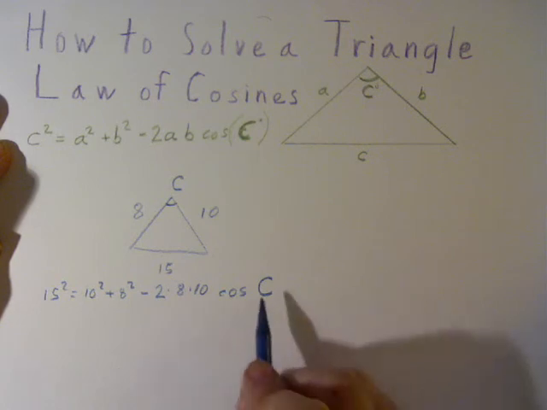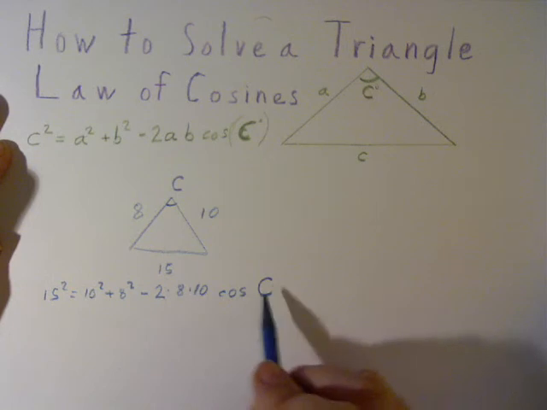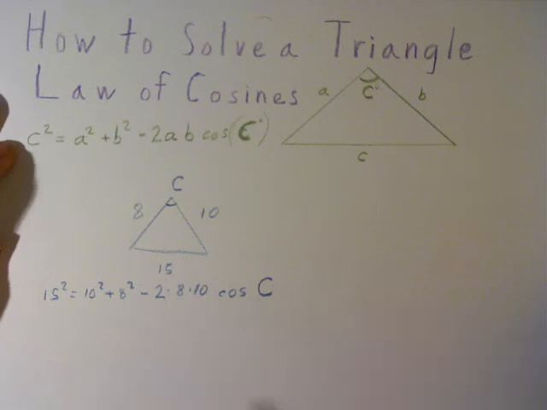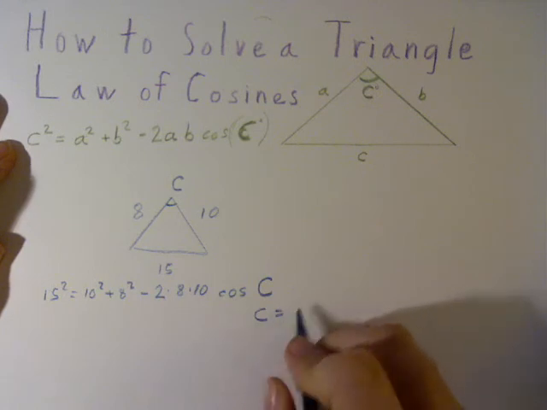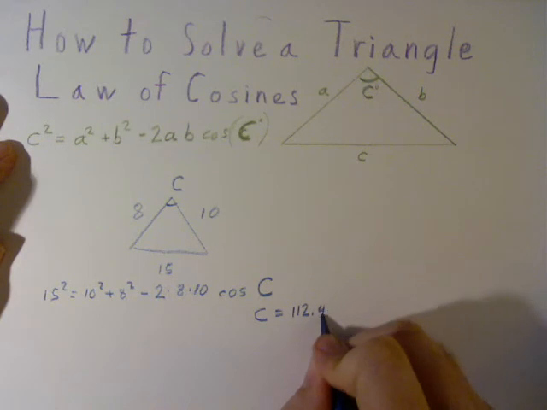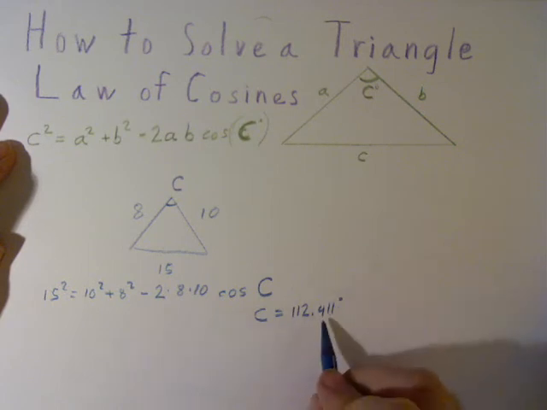So we can now solve for what c is by evaluating this and solving for c. That gives us an angle of 112.411, which of course is not actually that accurate, but we will keep those decimal points around just in case for later, round it at the end.